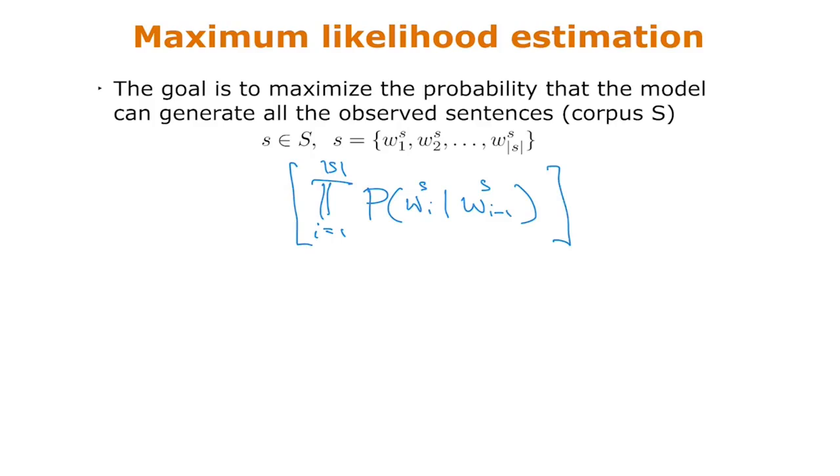In order to generate all the sentences in the corpus, we take the probability of generating them independently. We take a product of these probabilities, and this is now the likelihood that our first order Markov model with the specific values in the probability tables assigns to the whole corpus.